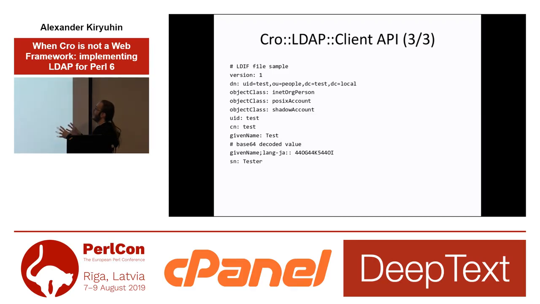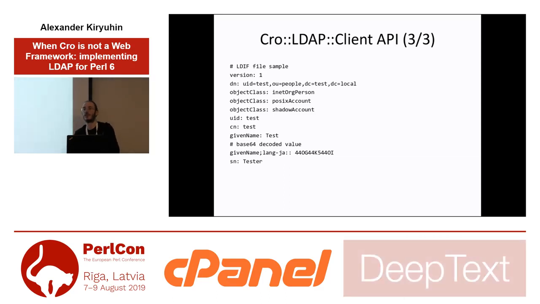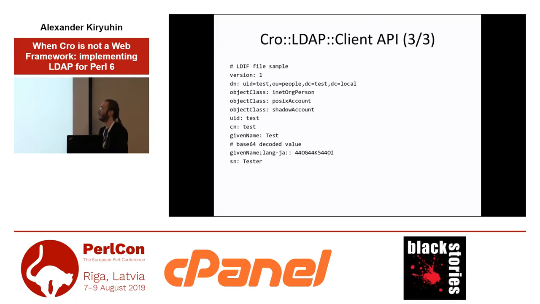It is a textual representation of LDAP entries data, because entries can contain things like sequences of bytes, for example images, and you want to store it as text, then you can just encode it using LDIF and, for example, do a backup of your directory and then populate it to some other server.